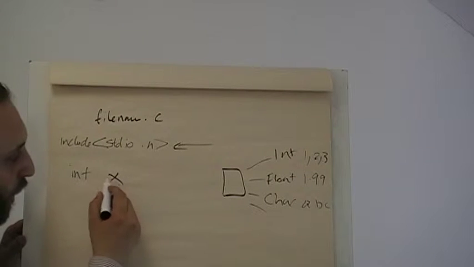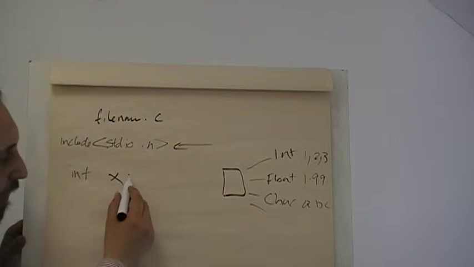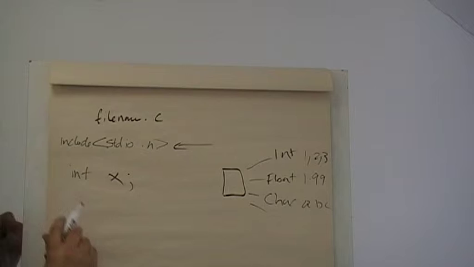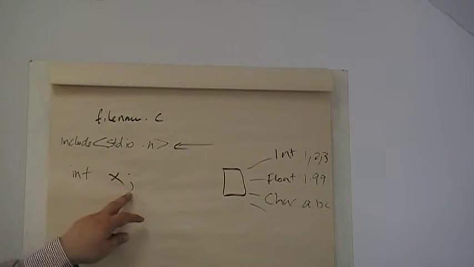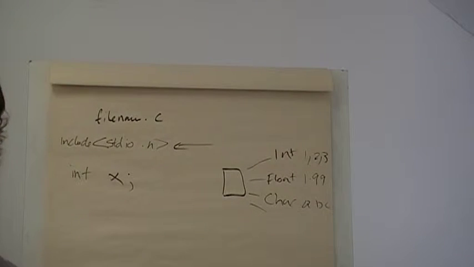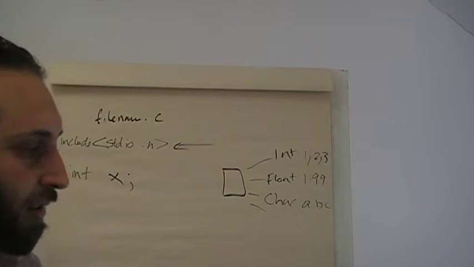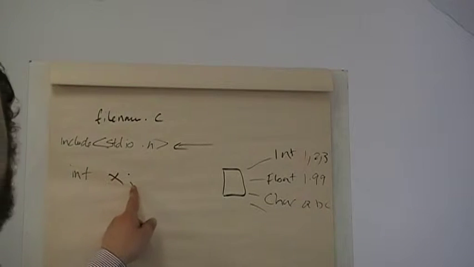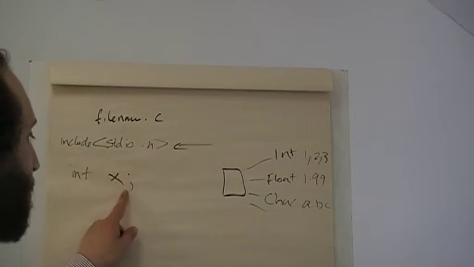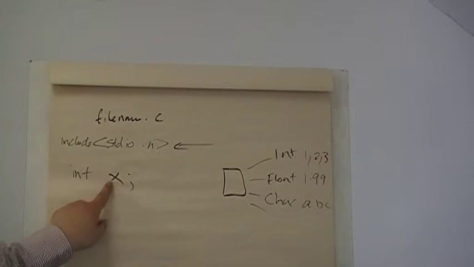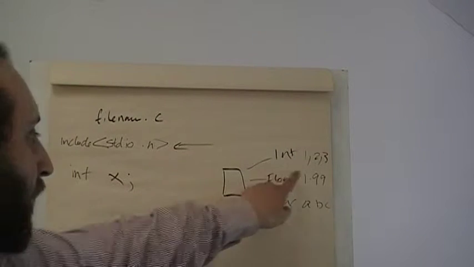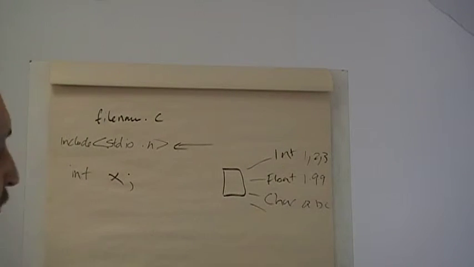To close it off, we put a semicolon. That semicolon, we use in pretty much most of the languages, so you'll see that it's common. Every time we finish a line, we end with a semicolon. So here we've just said that x is a type integer. So it's going to hold a whole number.